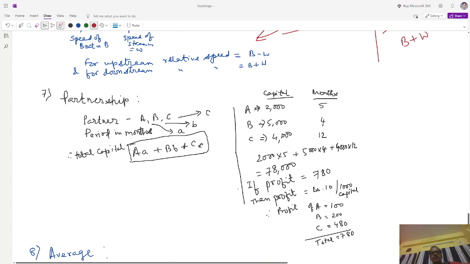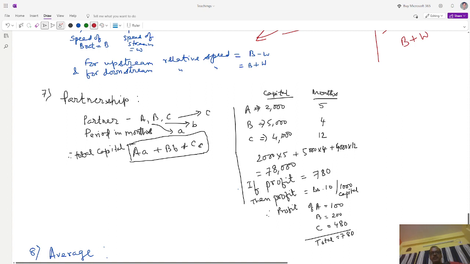If the capital of A is 2000 and it is invested for 5 months, the capital of B is 5000 invested for 4 months, and the capital of C is 4000 invested for 12 months, then the total capital will be 78,000.